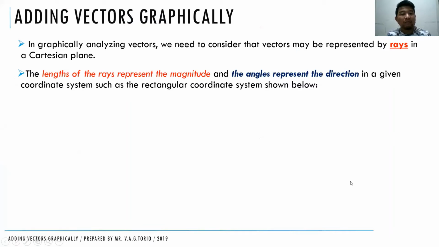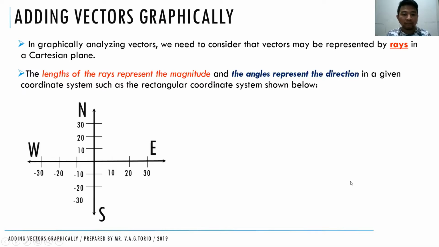You should be able to represent a particular vector using a ray diagram, and a ray diagram that represents a vector ideally could be described both as, number one, its magnitude is represented by the length, and second one, the angles represent the direction as to which the vector is pointing.